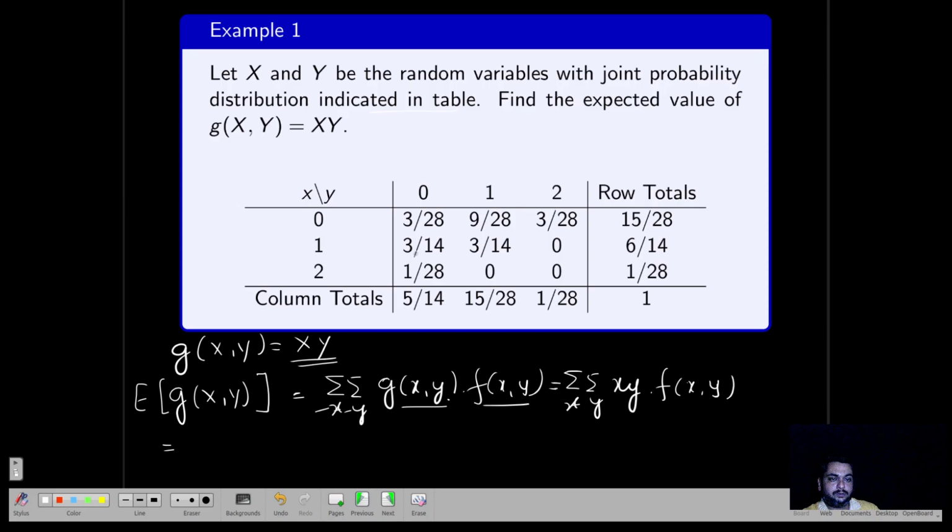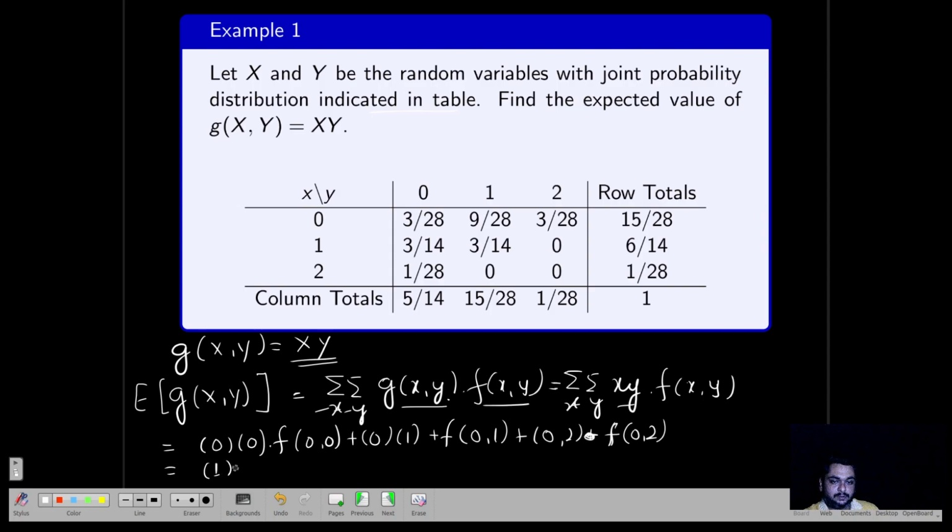Now how will you find the expectation for (0,0), (0,1), (0,2) like that? So if I write it in detail, x is 0, y is 0, that is xy into f of 0 comma 0, plus 0 into 1 into f of 0 comma 1, plus 0 into 2 into f of 0 comma 2.